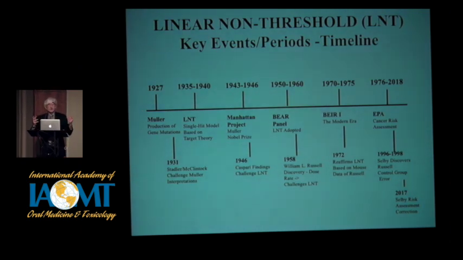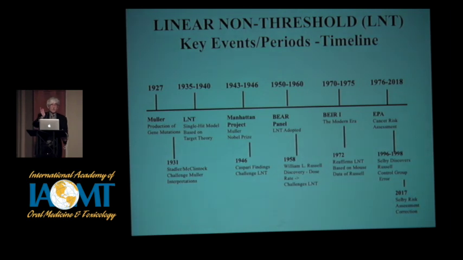Now, all this is unknown, and the country has gone forth, and in essence, the U.S. EPA and other organizations reached back into the Bayer Committee, and they based their recommendations for chemicals and cancer for linearity on the recommendations of the National Academy of Sciences.